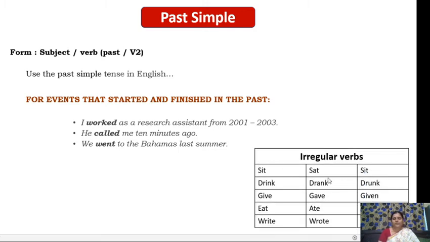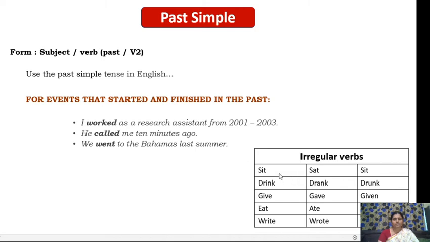So we have to be very careful with the verbs that we are using, because sometimes there are verbs which have different forms in the three phases. V1 would be one form, V2 would be another form, and V3 would be another form. So we have to be very careful with such irregular verbs, because for simple past tense we use the second form.